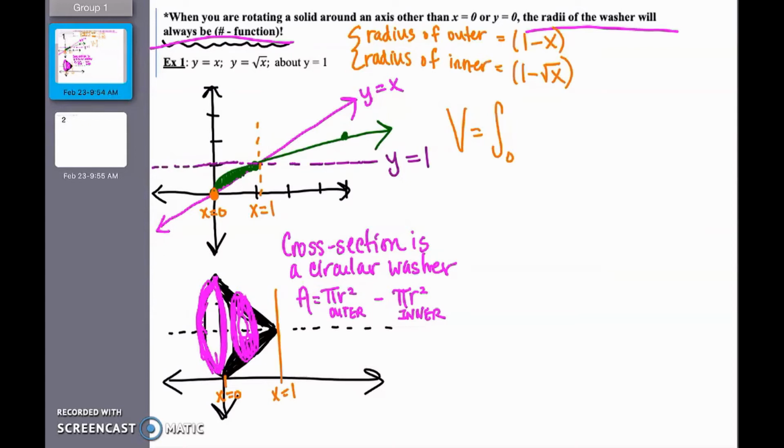So volume is going to be the integral from 0 to 1 of the area of my washer times the height of my washer, which is always my dx, right?